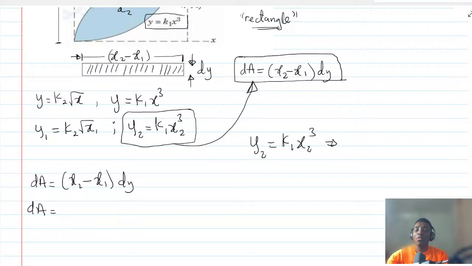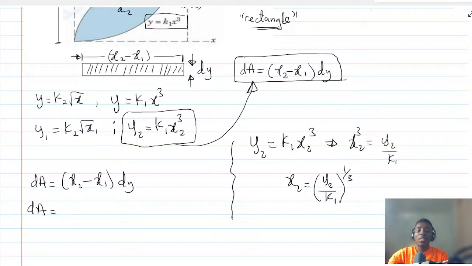Therefore, solving for x2, x2 will be y2 divided by k1, to the power 1/3.